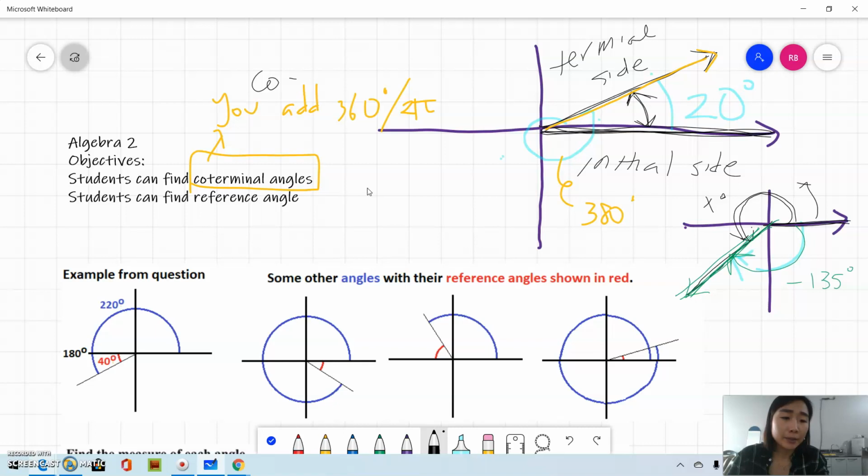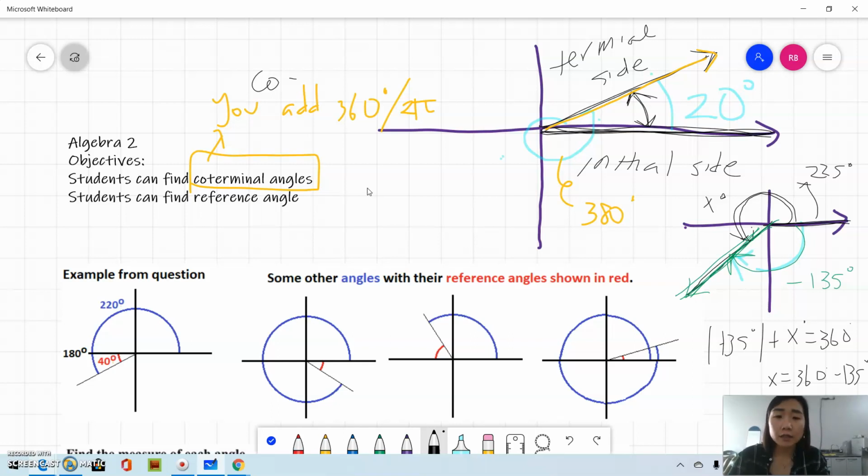When you add the absolute value of negative 135 degrees to x degrees, you have to get 360. So let me write that. If you do 360 minus 135, you will get the coterminal angle of negative 135 degrees, which is 225 degrees. So 225 degrees is a coterminal angle of negative 135 degrees, meaning that you can always find both negative and positive coterminal angles.